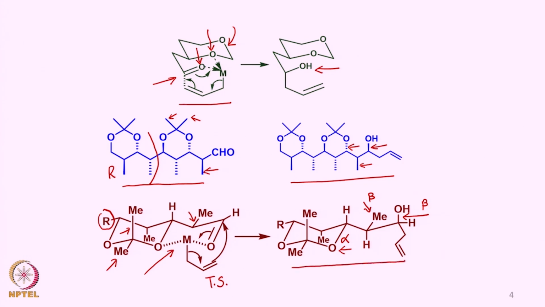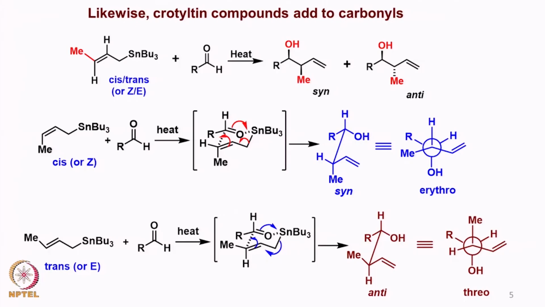So, essentially what is happening is that the carbon-tin bond, which is the carbon-M bond as we have shown here, acts as a Lewis acid. Likewise, we can react crotyl tin compounds with aldehydes and then allow CC bond formation to take place.